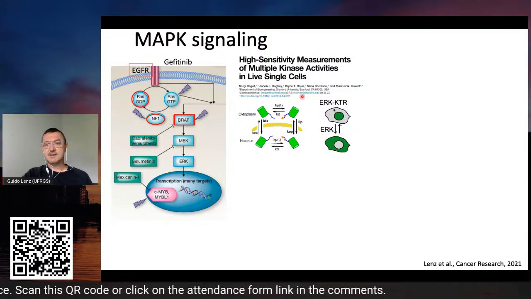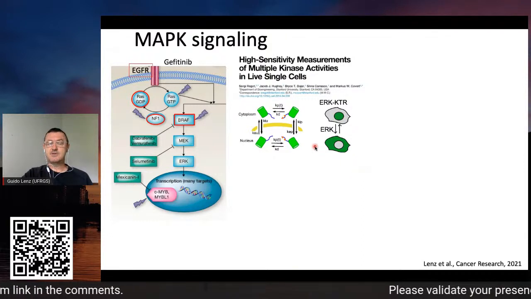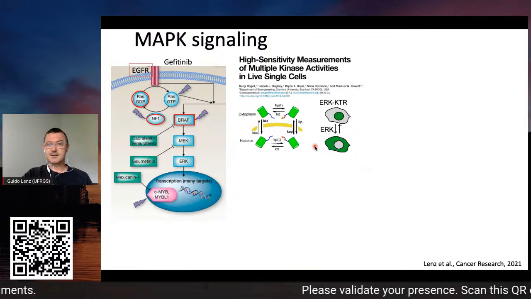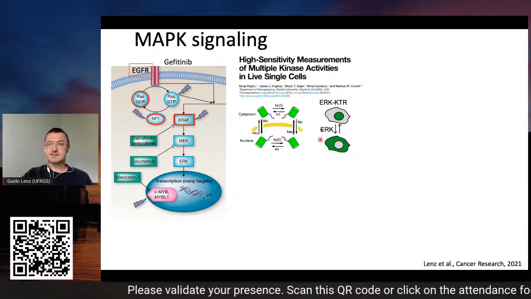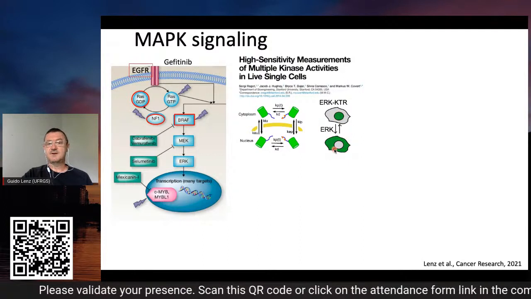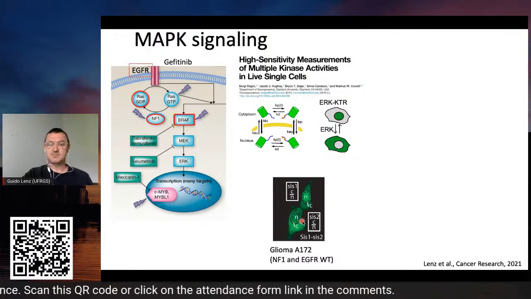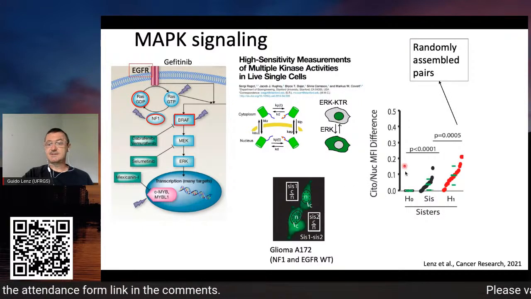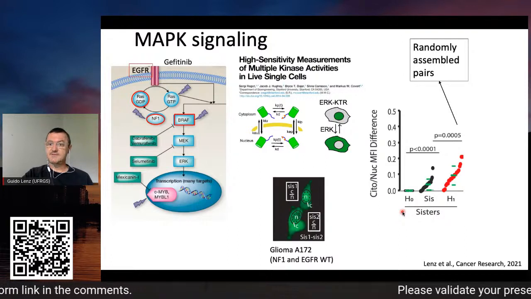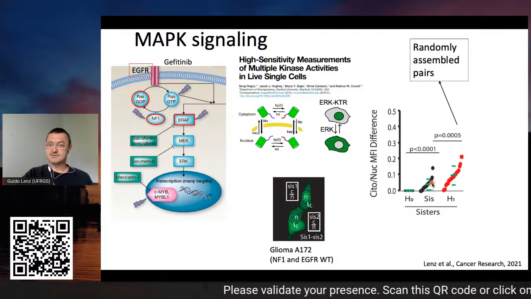And we used a cell line stably expressing a gene called ERK-KTR, which basically infers the state of ERK activity based on the ratio of nuclear to cytoplasmic fluorescence. And we measured the ERK activity in sister cells 6 hours after mitosis.